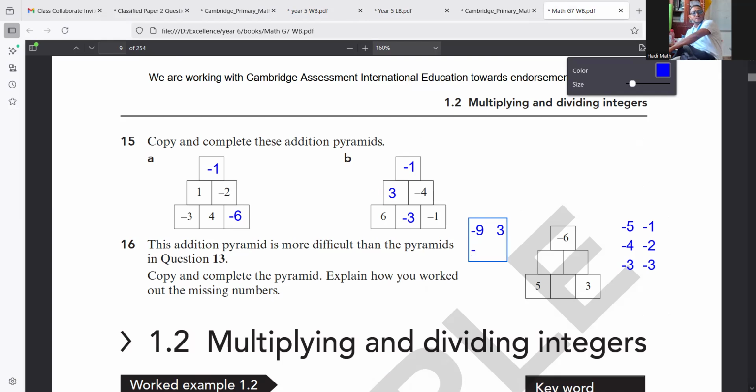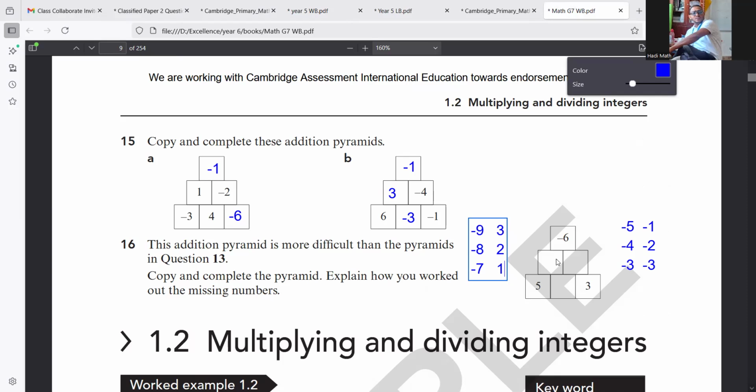Or -8 and 2. Or -7 and 1. So which option would you like to use? Any one will work. It doesn't make a difference at all.